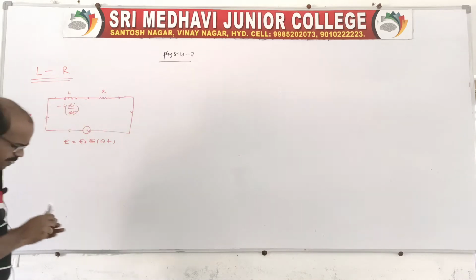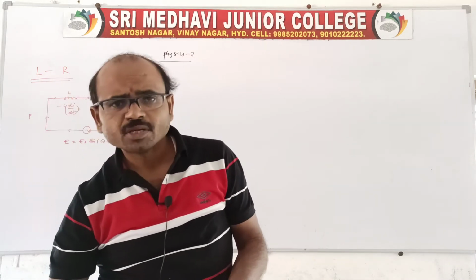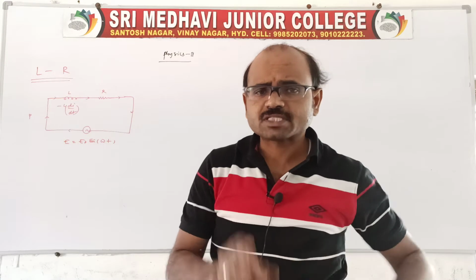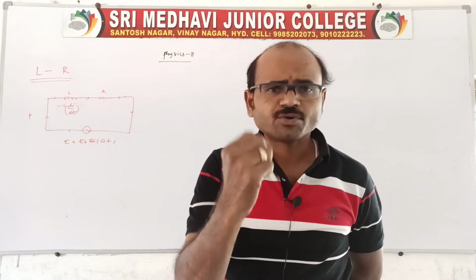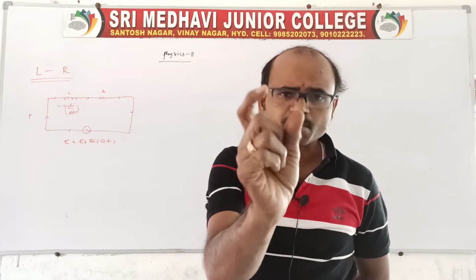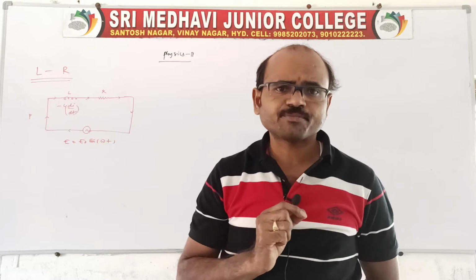I will tell you one thing. Since we are taking the combination, first of all we have to talk about the individual circuits. Suppose I go for the inductive circuit, then you write all about an inductive circuit.